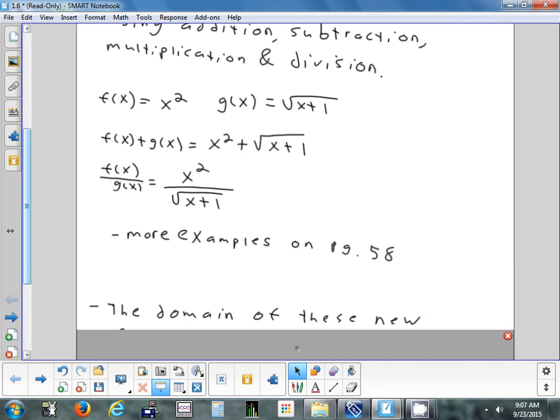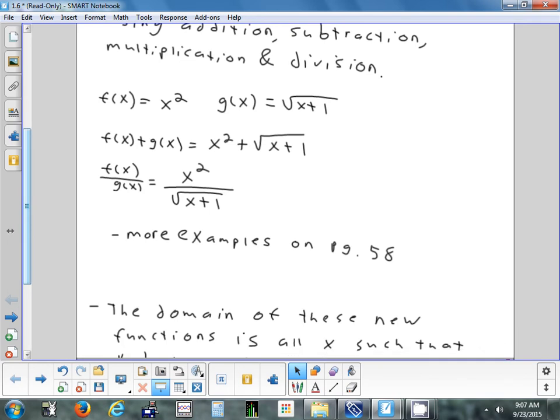Once we combine these functions together, we might be messing around with the domains and the ranges. Each one of these functions has its own domain to start with, and its own range. But once you take those two functions and combine them, now the domains and ranges might change a little bit. So what we have to be able to do is identify the domain after we combine them together.